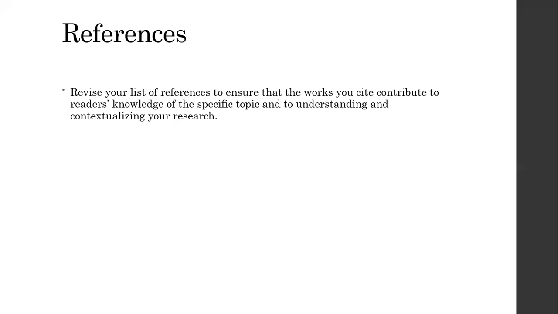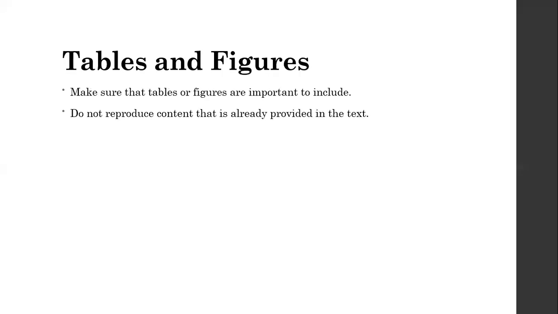And you revise it and ensure that all selected references you have cited in your study are relevant to the reader's knowledge regarding the specific topic you choose, which answers the same research question.